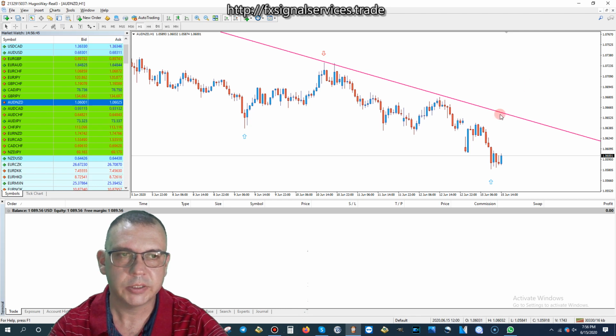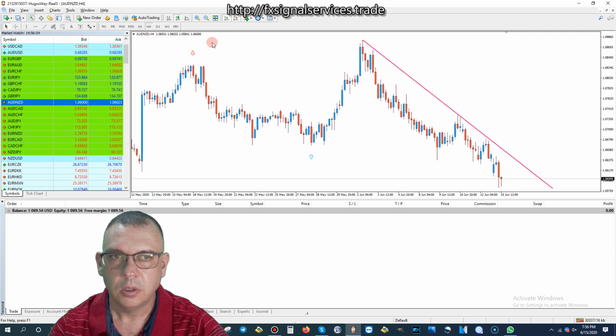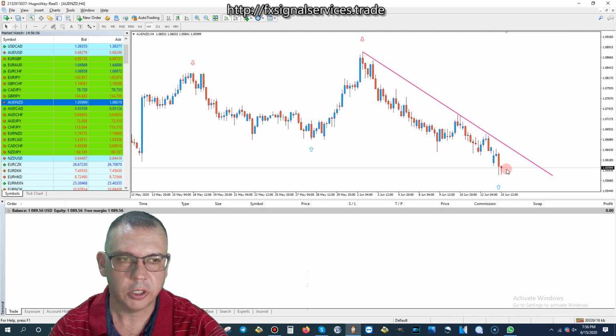Okay, chances are if it breaks, or when it breaks, it will just rise sideways for a while and then eventually shoot up. Okay, now with this on the 4-hour chart, I do not expect this to break within the next 24 hours. Honestly, probably in the next 2 days we will see this break. Okay, that's just my guess.